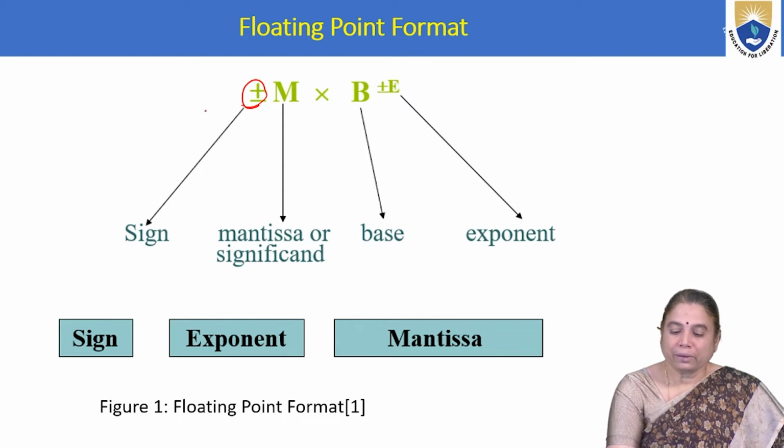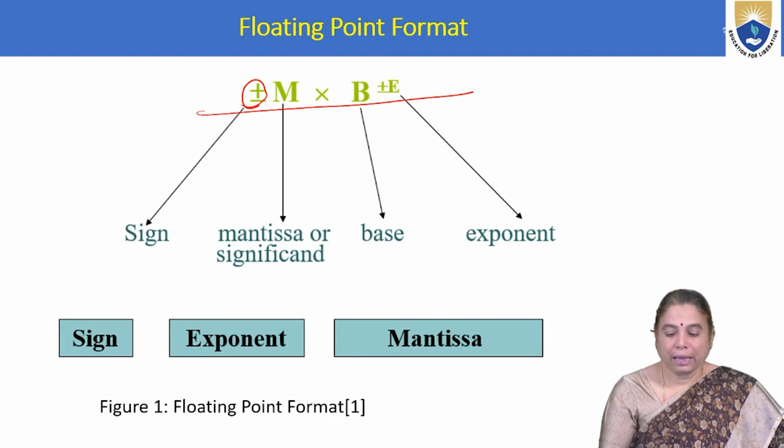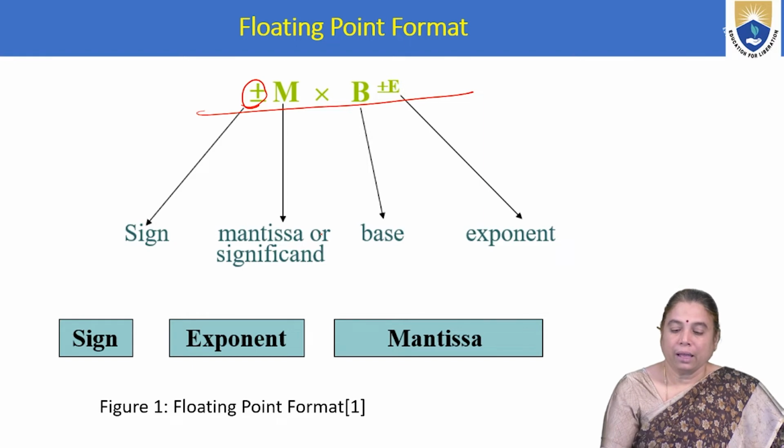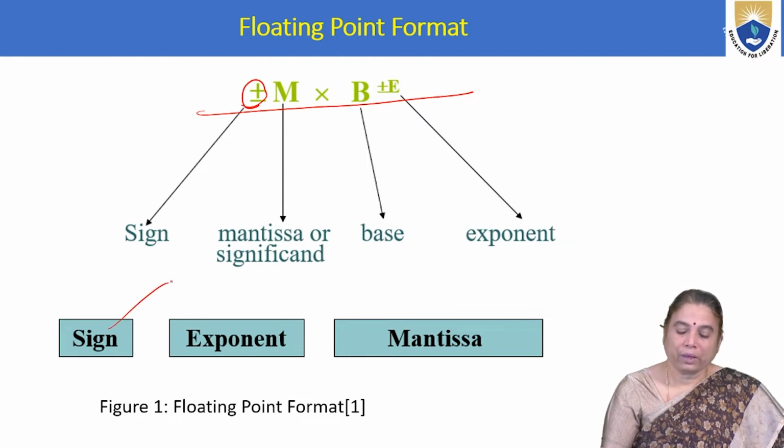So the basic notation has the sign bit to denote whether the number is positive or negative, and m is the mantissa or significand, multiplied by base or radix to the power plus or minus exponent. So three parts are majorly used to represent the number: the sign, the mantissa, and the exponent.